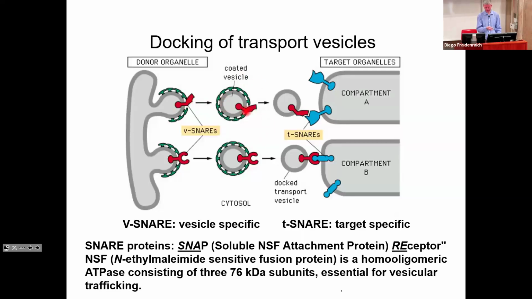There would be a signal protein and a receptor, for example. You don't need to study this in detail. Just know that it's a specific process going from one organelle to another by specific proteins on the vesicle surface.